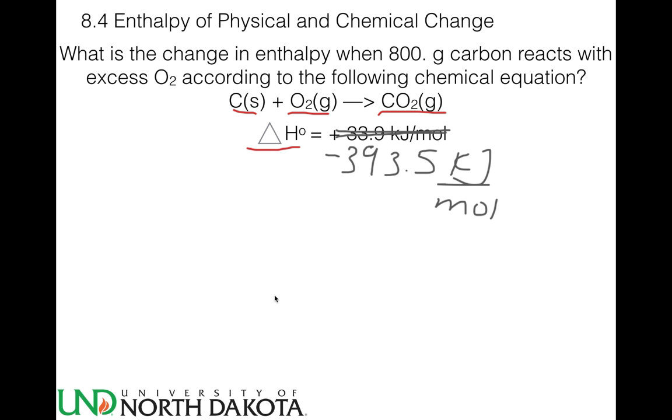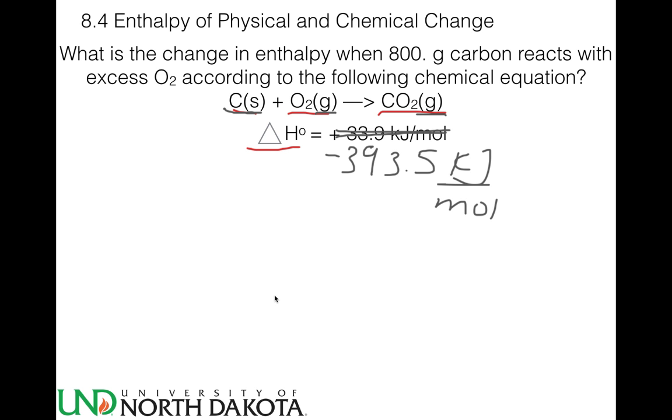And all of our reactants and products should be in their state of matter under these conditions. Solid carbon is good, oxygen gas is good, carbon dioxide gas is good. And remember, the change in enthalpy is for the reaction exactly as written, meaning 1 mole of carbon reacting with 1 mole of O2 to give 1 mole of CO2.